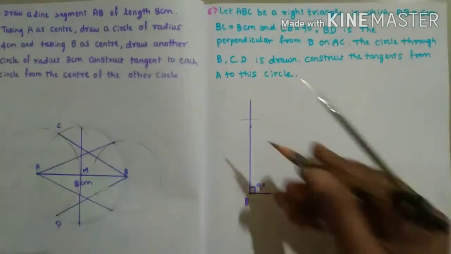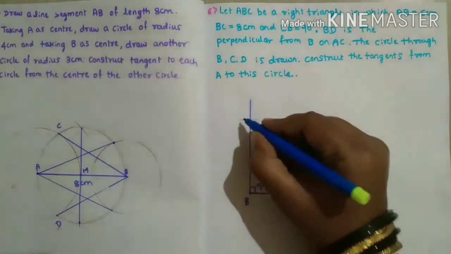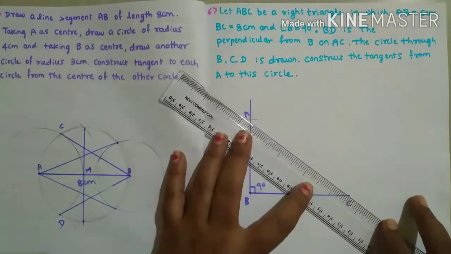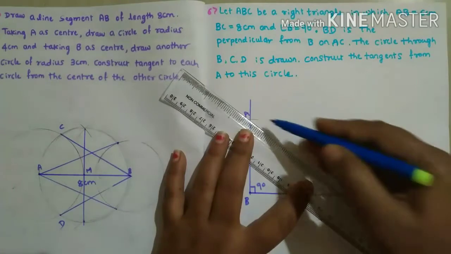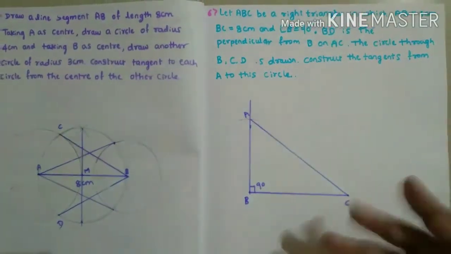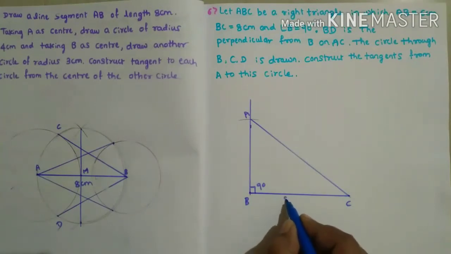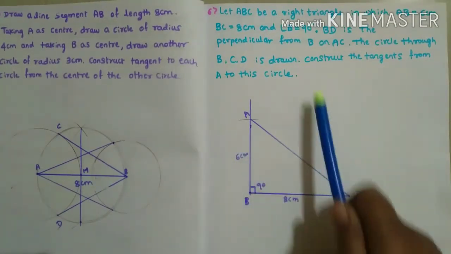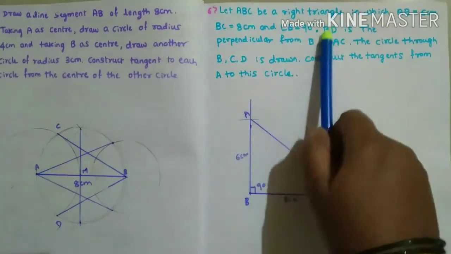Then this point you have to take as A. Now join A to C. Then you will get the right angle triangle ABC with angle B equal to 90 degree, BC is 8 centimeter and AB is 6 centimeter. We got the right angle triangle now.